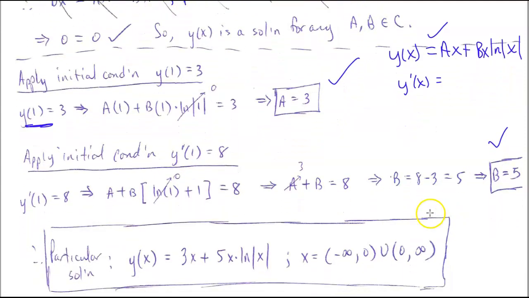And so we see here that a was 3, b was 5, and here is our particular solution for our differential equation that we were given. And this particular solution here is valid as long as your values of x are not equal to 0.